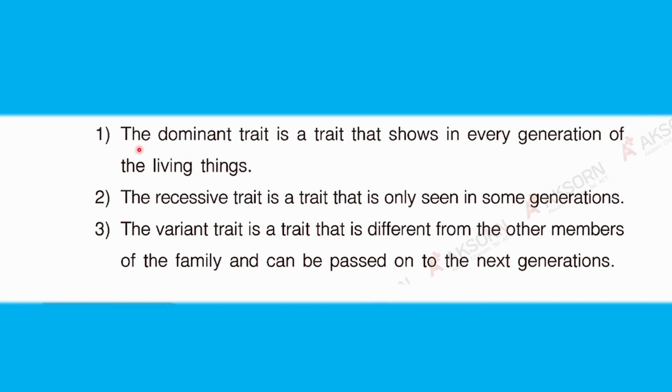1. The dominant trait is a trait that shows in every generation of the living things. 2. The recessive trait is a trait that is only seen in some generations. 3.